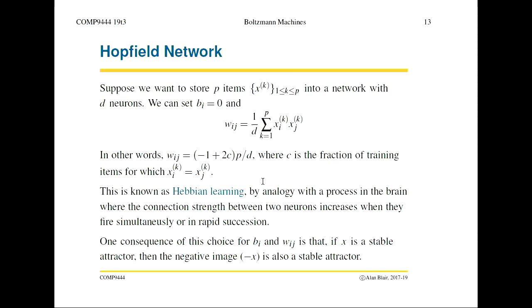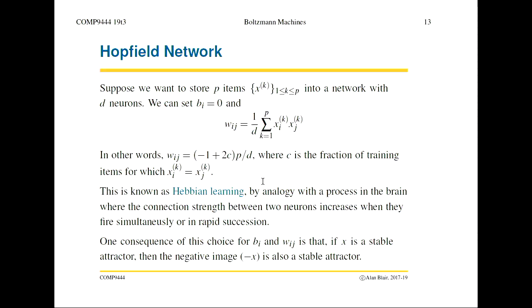So we take the fraction of images for which those 2 pixels have the same colour, and we take minus 1 plus 2 times that value, and then we multiply by this P over D, which just gives a nice result mathematically: we multiply by the number of patterns and divide by the number of pixels, the number of neurons.